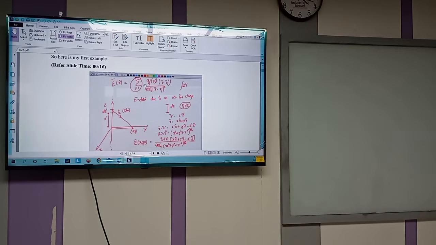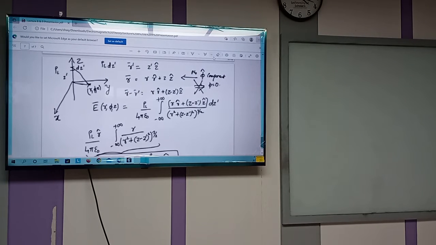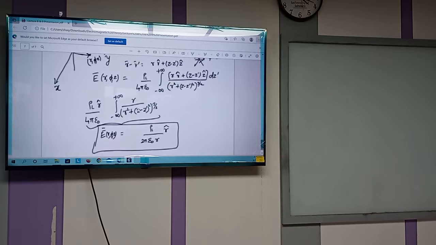So if you take the integration, your equation becomes something like this one. So r bar minus r bar prime is equal to this. You put this over here. Okay? The constant part is outside. Then we integrate with respect to dz prime.